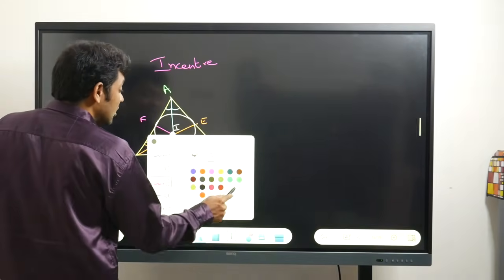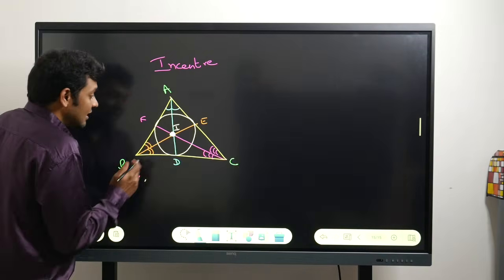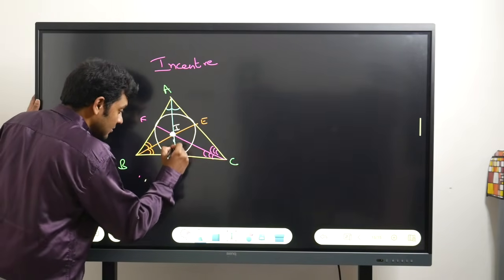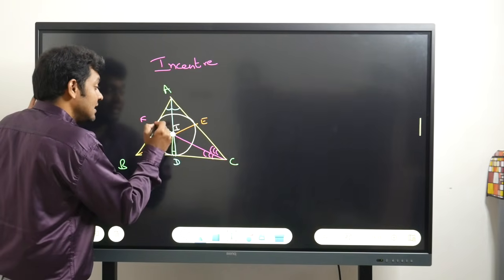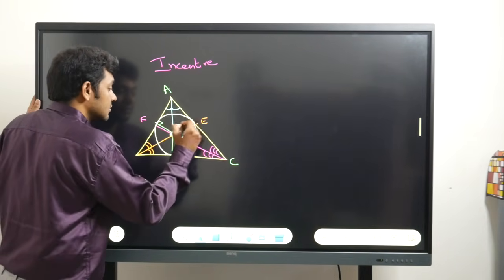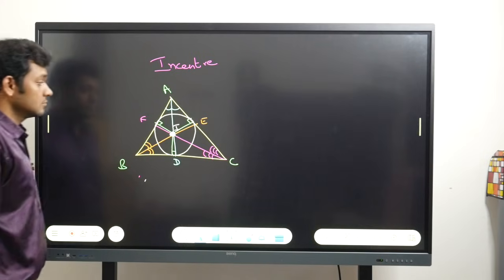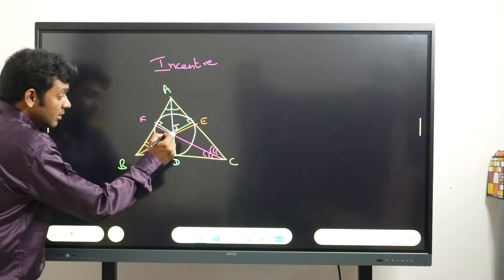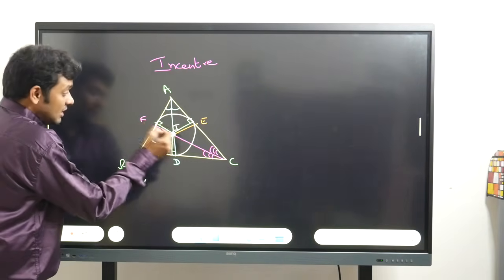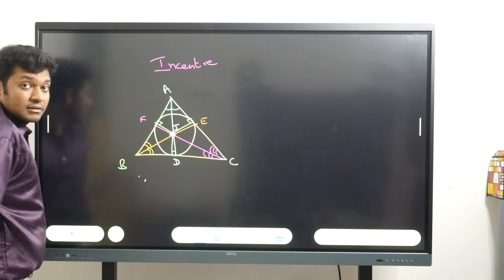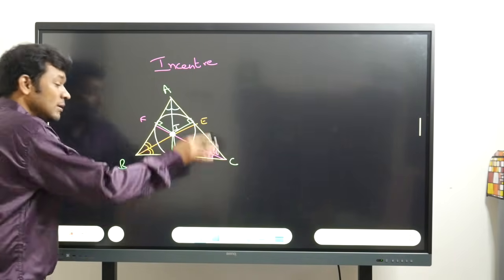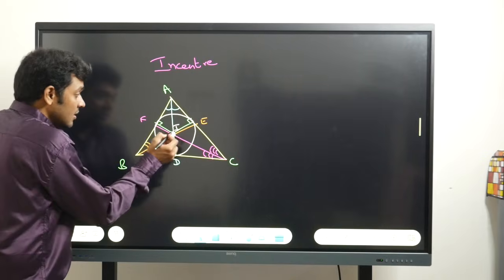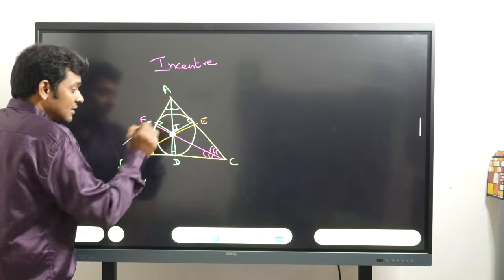That circle is called the incircle, and the radius of the circle is the inradius. Please remember this portion is not necessarily equal to FI or EI. That is why I'm drawing it like this, assuming this is a scalene triangle.